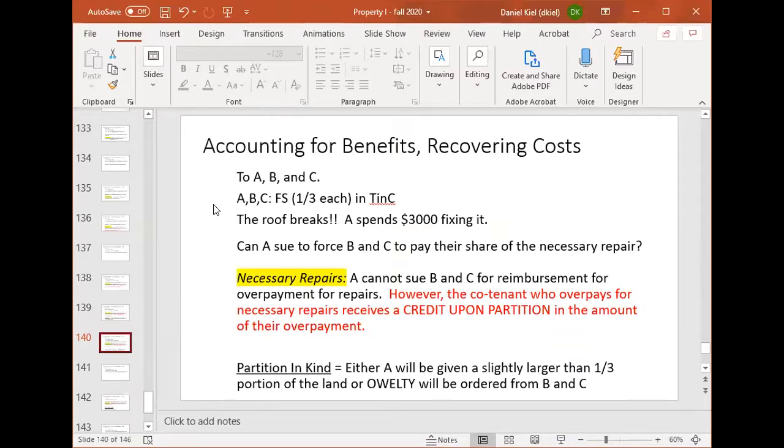But I think it's actually in this instance more likely that the court will split it in kind in thirds and order payment of the 1,000 from B and 1,000 from C. So if it's a partition in kind, it's slightly more complicated, but ends up with the same basic principle.